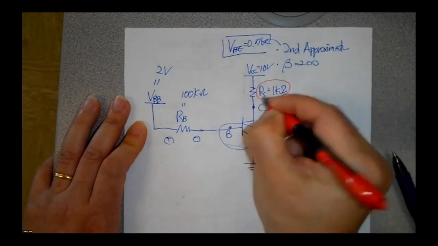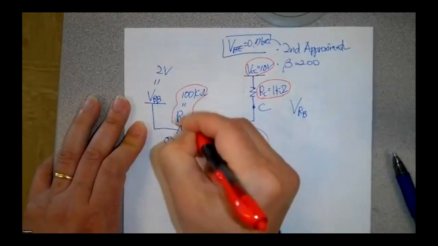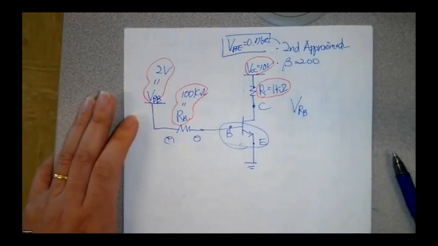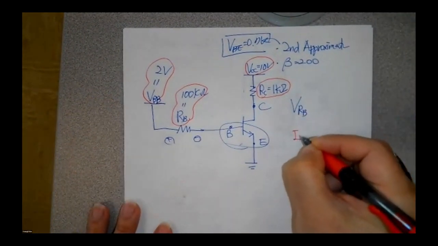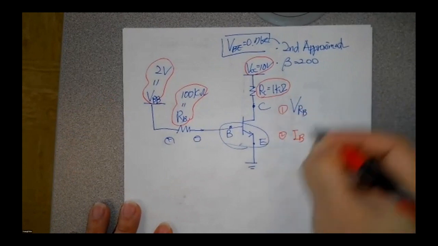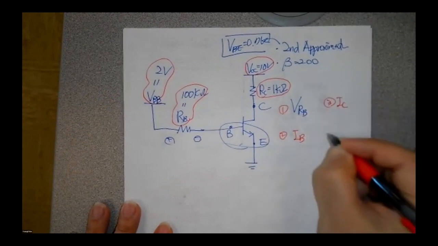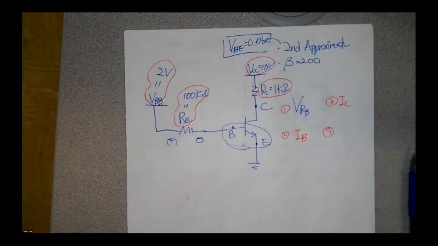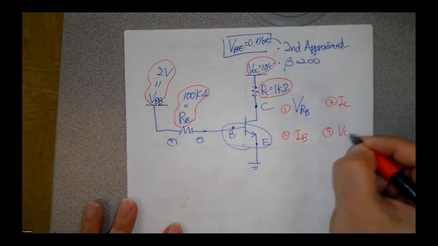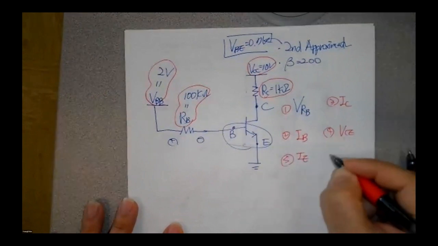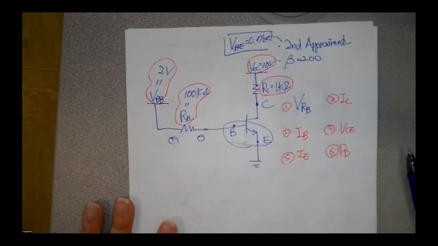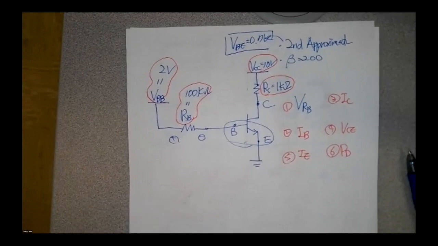So one more time, we're looking for I sub B, I sub C, and V sub CE, same thing. Number 5 is I sub E, number 6 is P sub D. Okay, I'm going to keep going for that one.